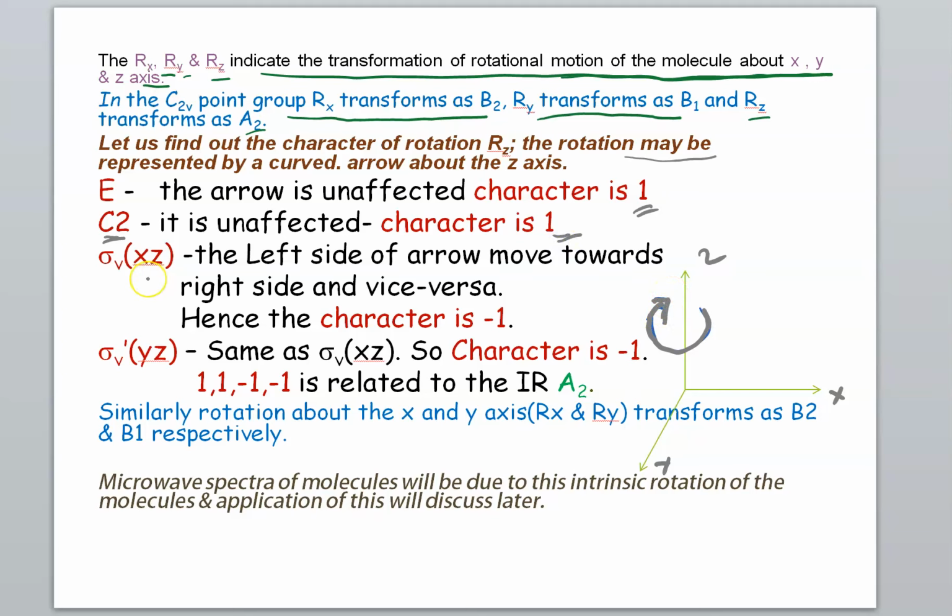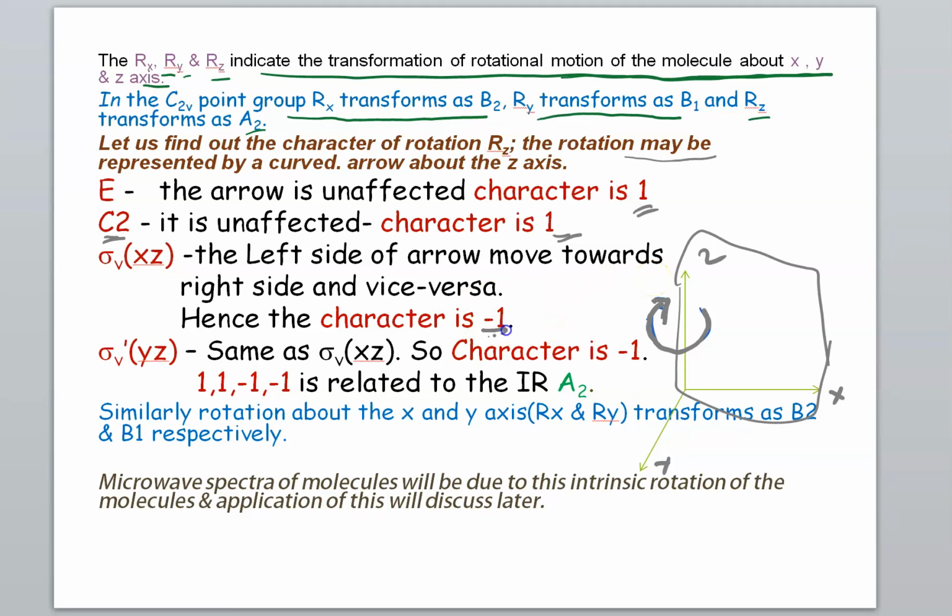And sigma v xz. On sigma v xz, we are cutting through this plane, the sigma v xz plane. Therefore, the arrow becomes inverted. The left side of the arrow moves towards the right side and the right side to the left side, that is, they are inverted.